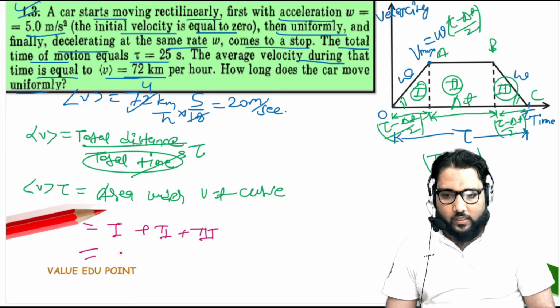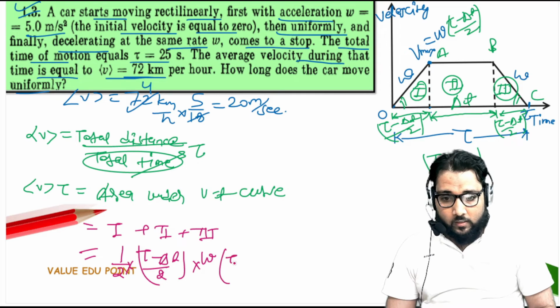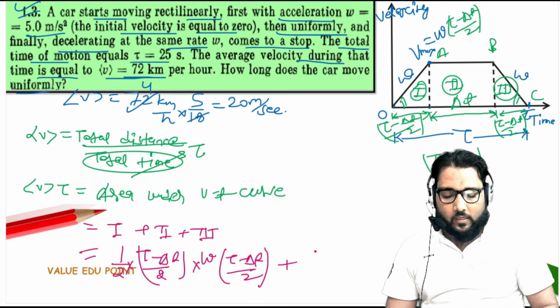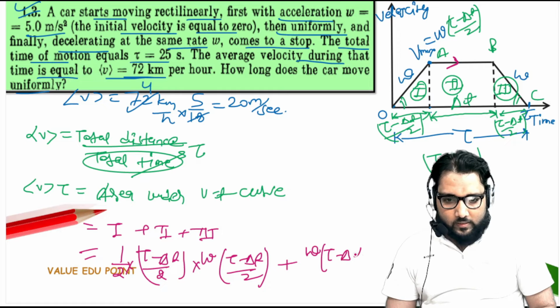Is it okay, guys? So area 1 is equal to the triangle, half into base, which is time tau minus delta t divided by 2, and height is Vmax, and the value of Vmax is omega into tau minus delta t by 2. And again, the velocity in this portion is Vmax, uniformly moving, so that is again omega into tau minus delta t by 2.